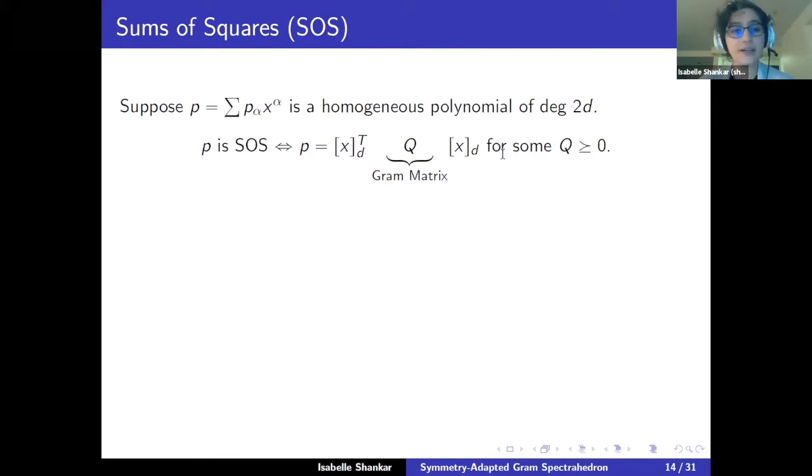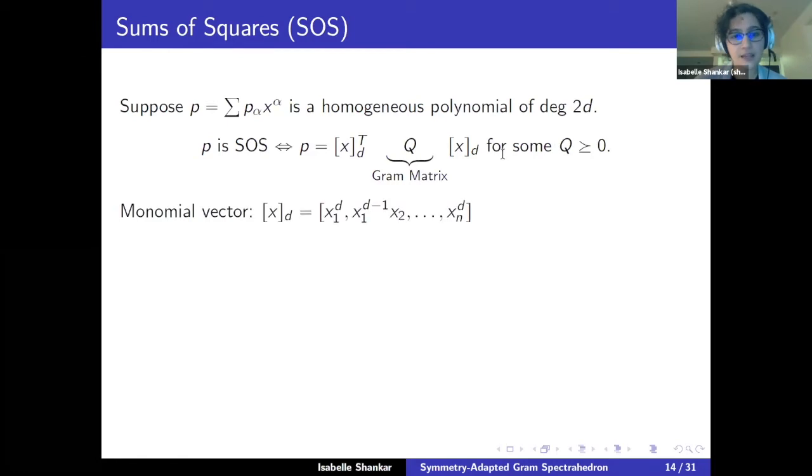And just to reiterate, what I mean by sum of squares, SOS, in this case, is a sum of polynomials squared. This X bracket notation here is a vector of monomials of degree d. So again, we started with a polynomial of degree 2d, and then the monomial vector will have all monomials of degree d.